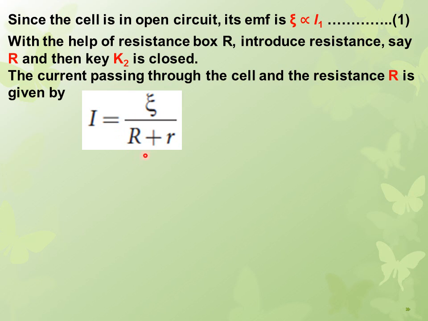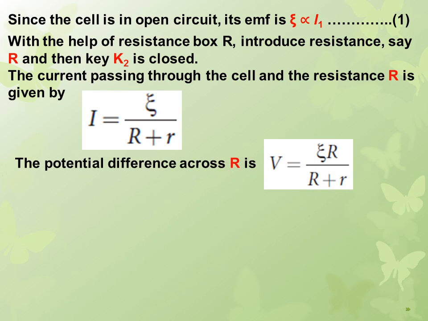Here capital R refers to the external resistance, and small r refers to the internal resistance. Now the potential difference across R is V is equal to Psi R divided by R plus r.